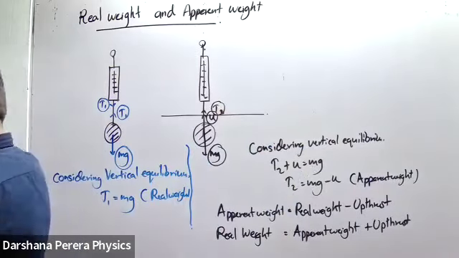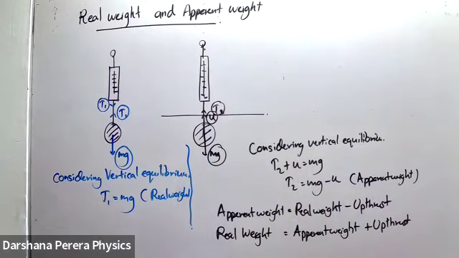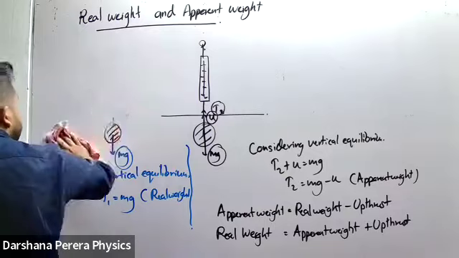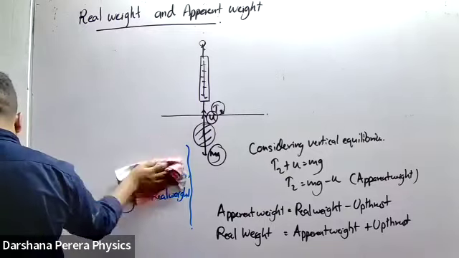A water container having a mass 5 kilogram is on a compression balance.